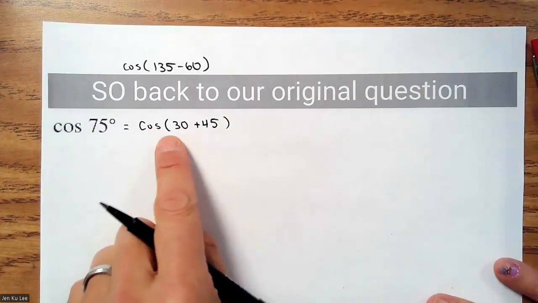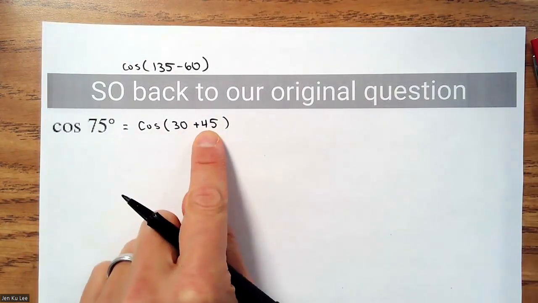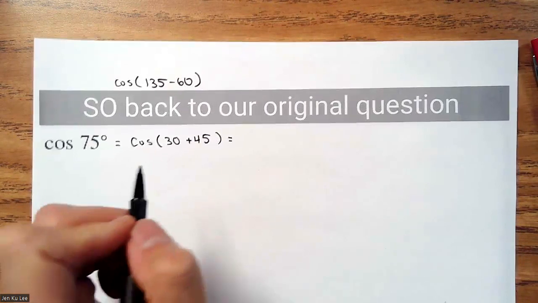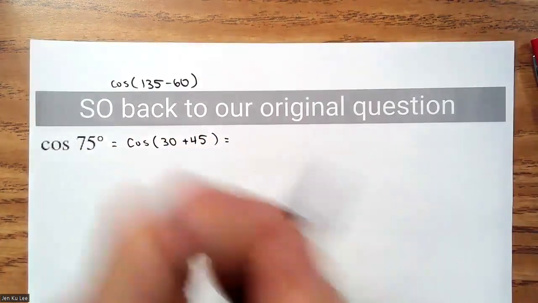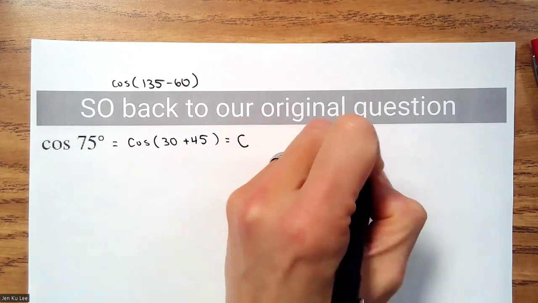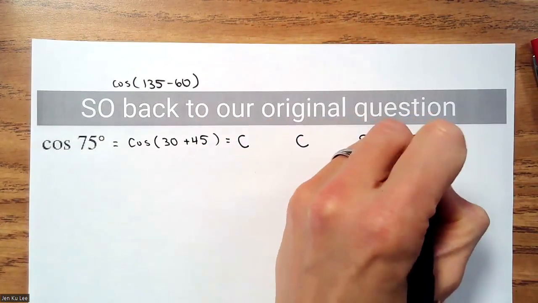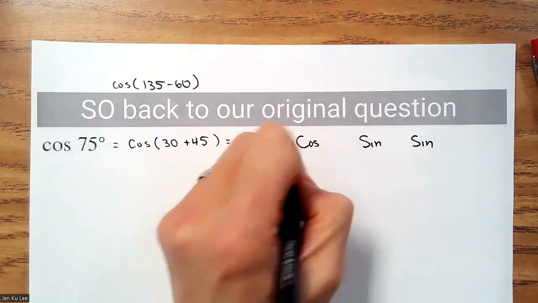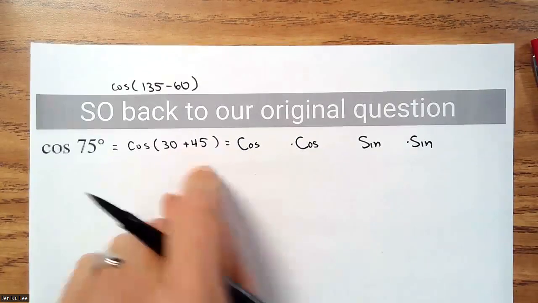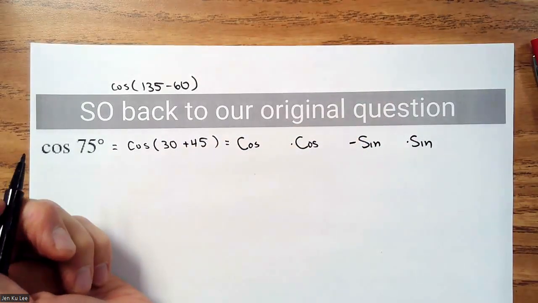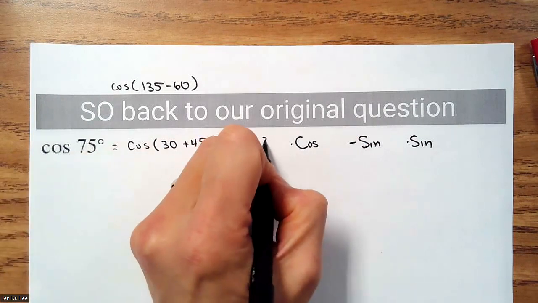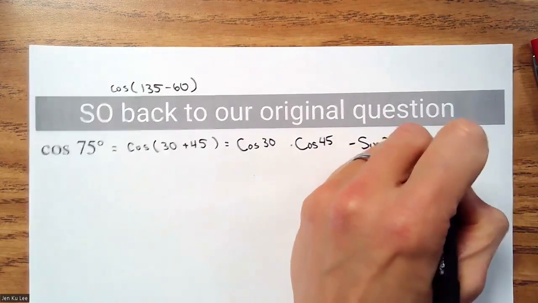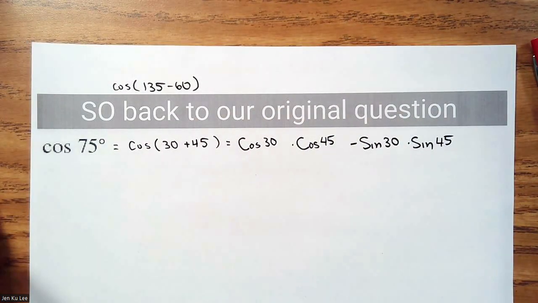All right. So if it's the cosine of 30 plus 45, I'm going to derive my formula, right? Cosine, so crazy cosine switches signs. So crazy cosine switches sine. S stands for sine. C stands for cosine. I know I'm going to be multiplying. Since that's a plus, I know that this is going to be a minus. And then alternating my two angles that I picked out.